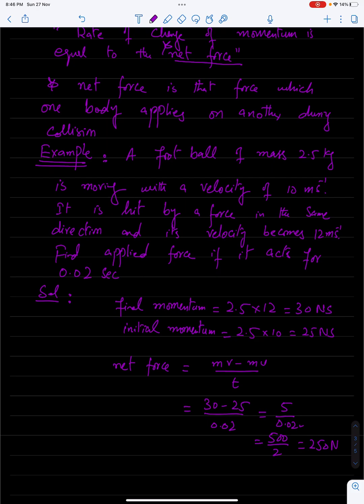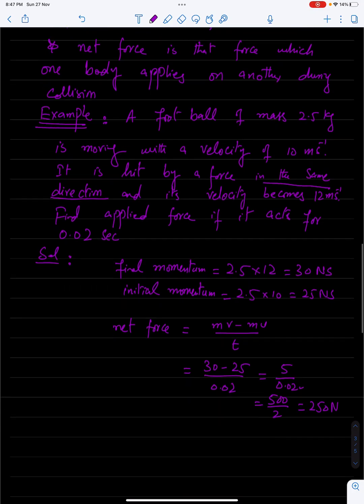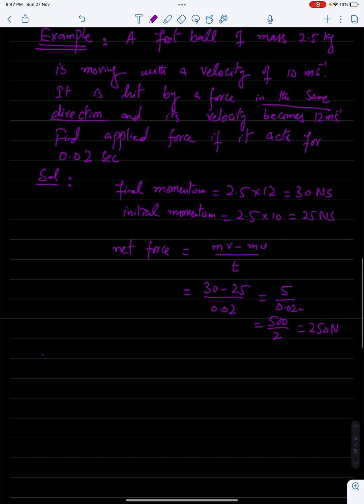You should notice one thing in this example, that it is said that force is in the same direction. Since we know that momentum is a vector quantity, direction matters. Now, in another case, let's say if bodies reverse direction after collision.